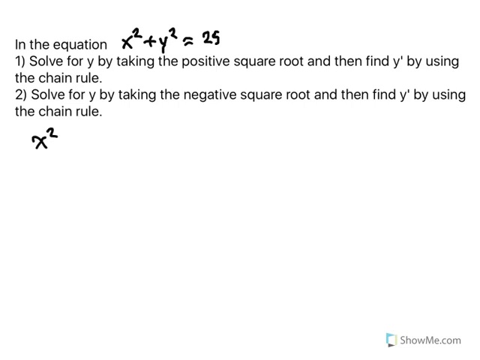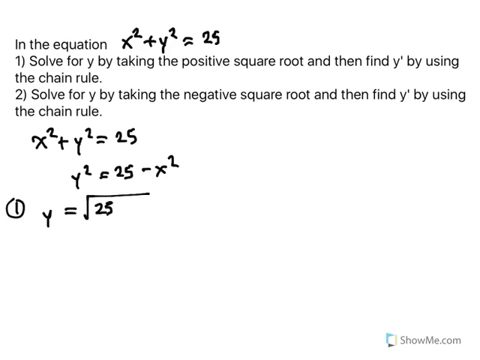We have x squared plus y squared is equal to 25. I can begin by subtracting x squared from both sides of the equation. In the first case, for number 1, I can take the positive square root to get y by itself. But of course, this is only half of the relation that is implied by the equation x squared plus y squared is equal to 25.